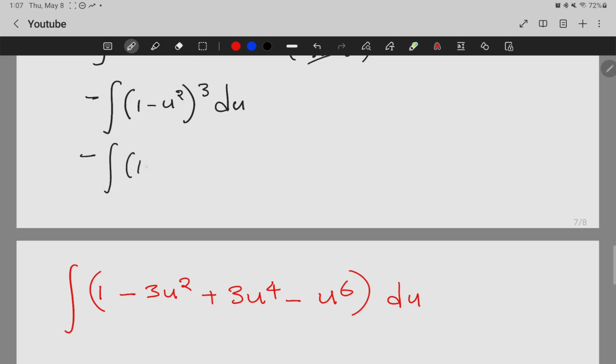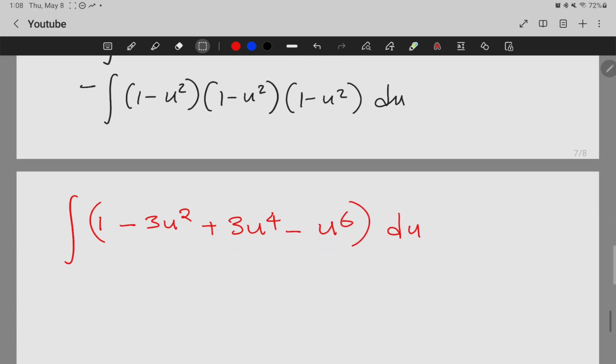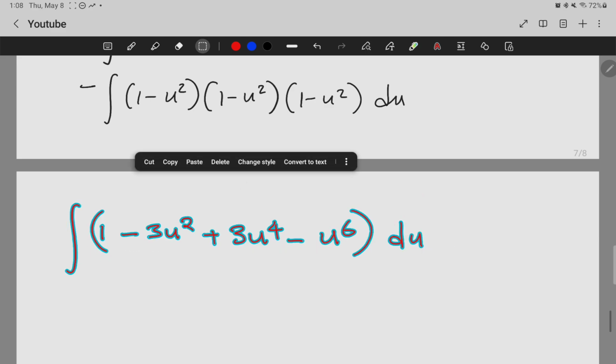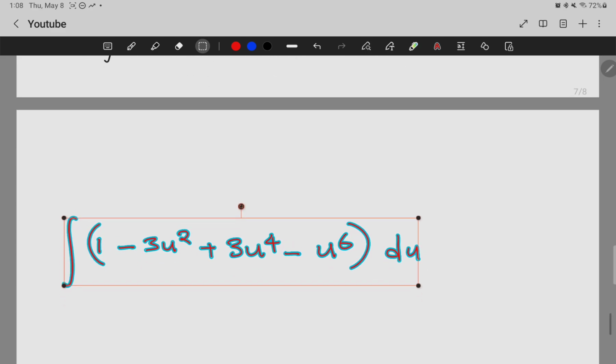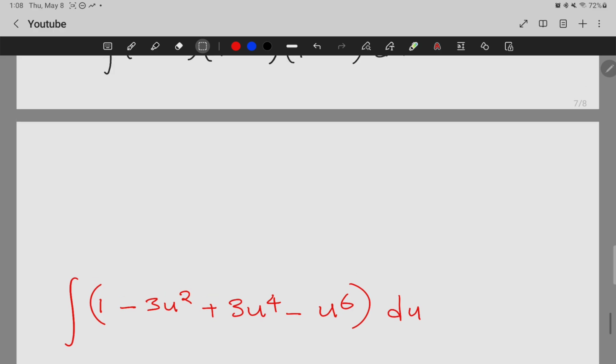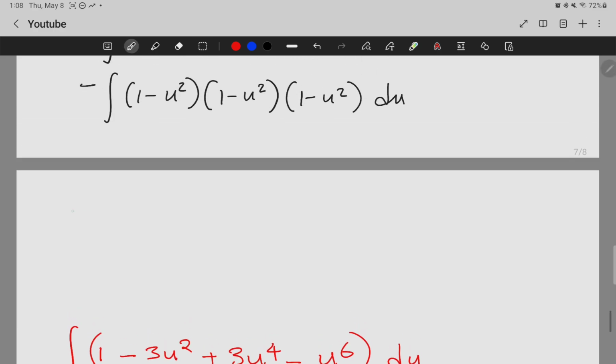Or you can just look at it as 1 minus u, that multiplying itself 3 times du. So from there, if you did that, what would you get? Let's do it just a bit, and then of course we'll see how it reduces to that expression in red.